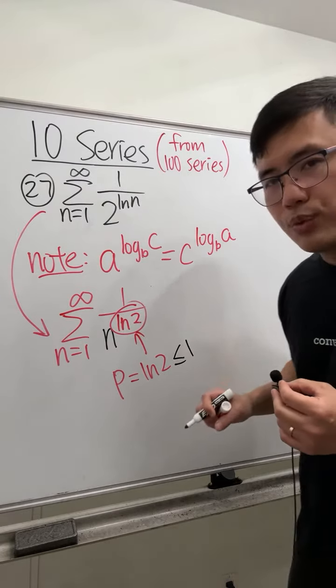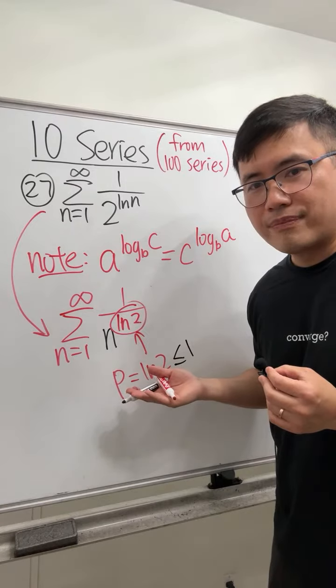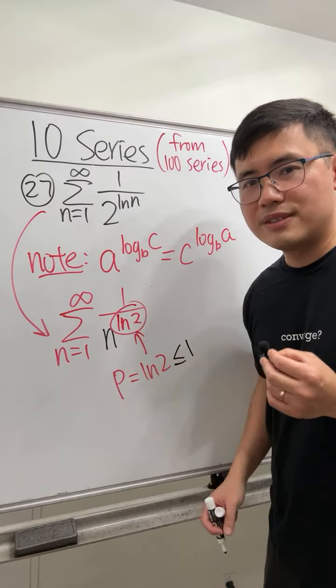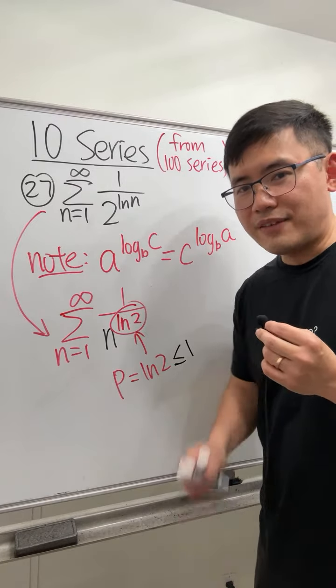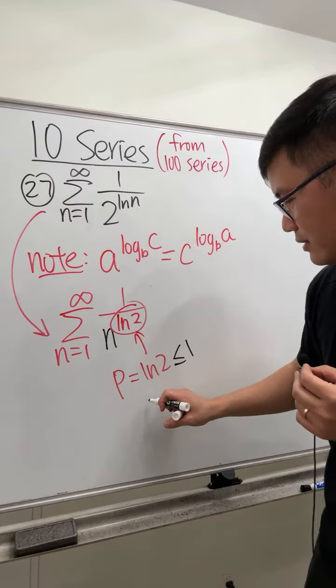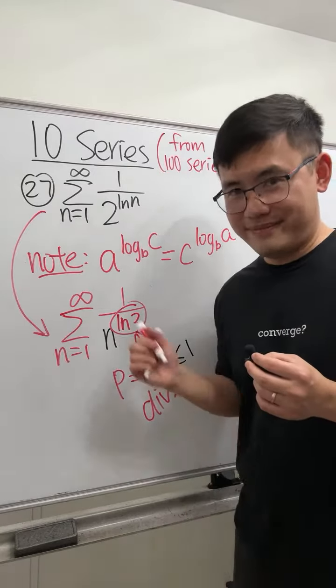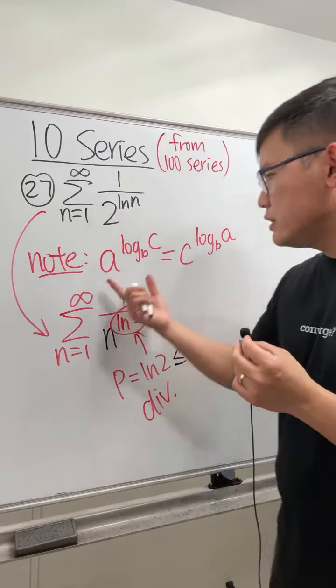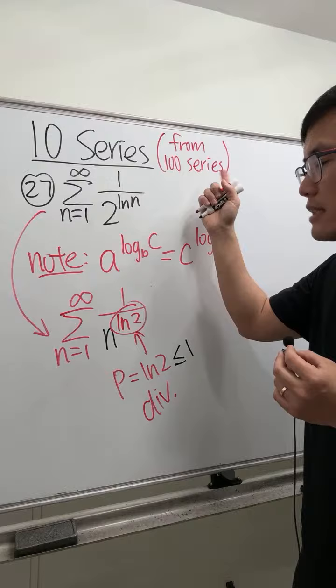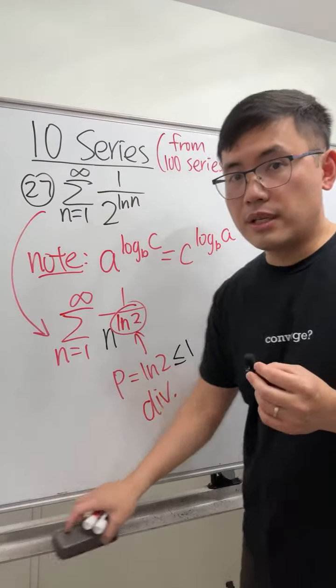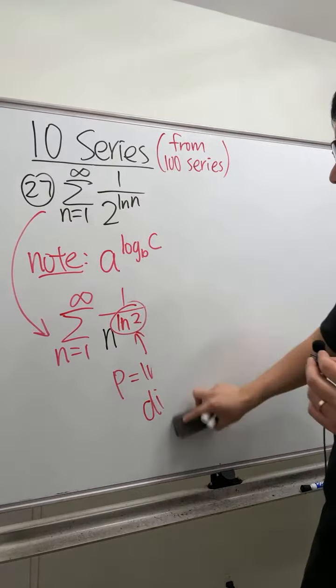Technically less than or equal to 1. So what's the conclusion? Converge or diverge for this? Diverges, thank you. Again, if you want to see the proof for this, I believe I proved that in the 100 series video, so you guys can go check that out.